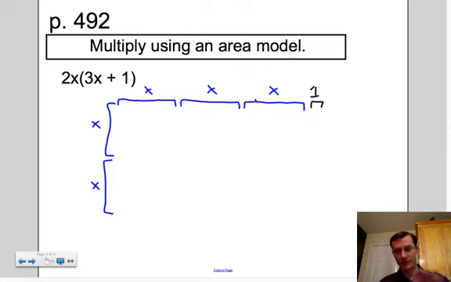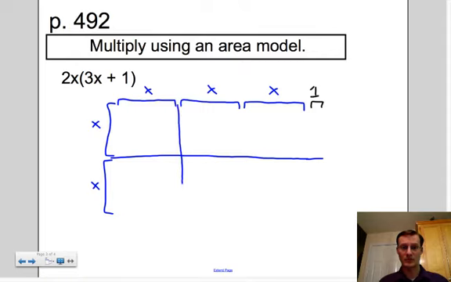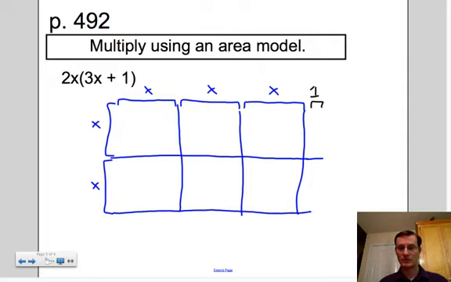So if we sort of cross this through, x by x, the area of this would be x squared.